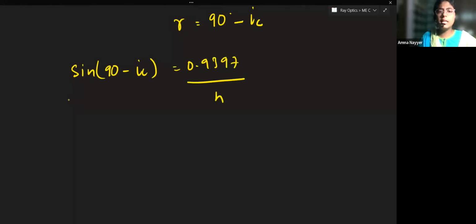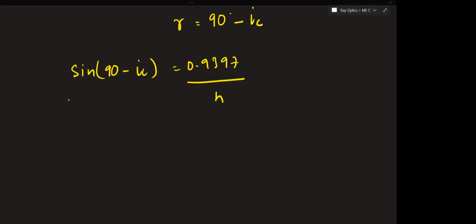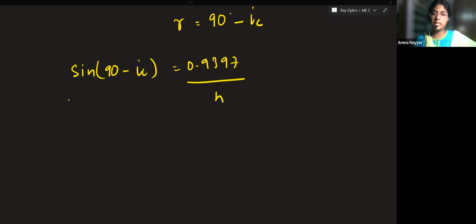Can anyone tell me which identity is formed over here? Sine 90 minus theta is cos theta. Good, Sarah. Yes, Josefa, right. So sine 90 minus IC will be cos IC.